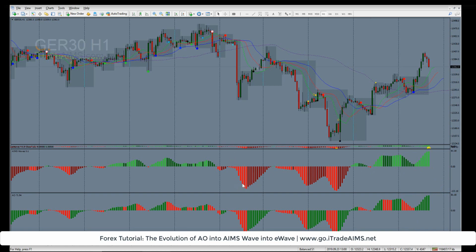and you look at the tallest peak of AO, I know it's down, but we still call this the tallest. So if you look at it, this is the tallest peak in this occasion. And if you go to the last 140 candles, this is the tallest peak. And because this is the tallest peak, this would be considered as the wave 3.